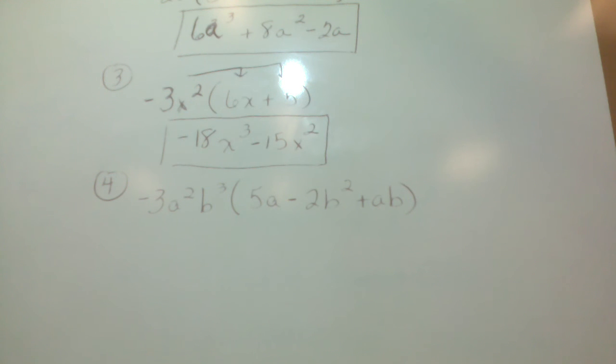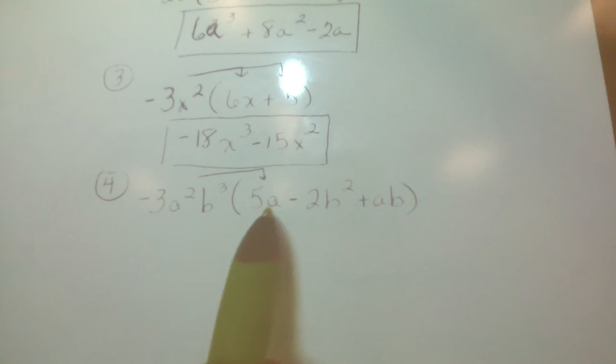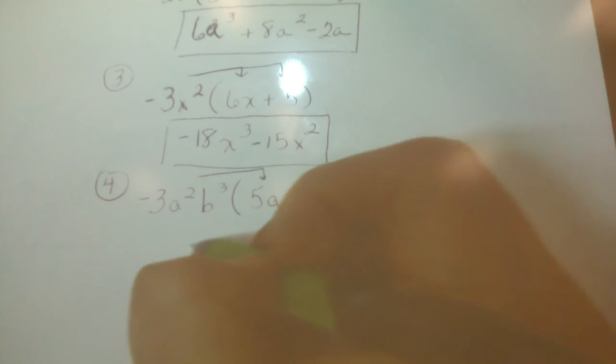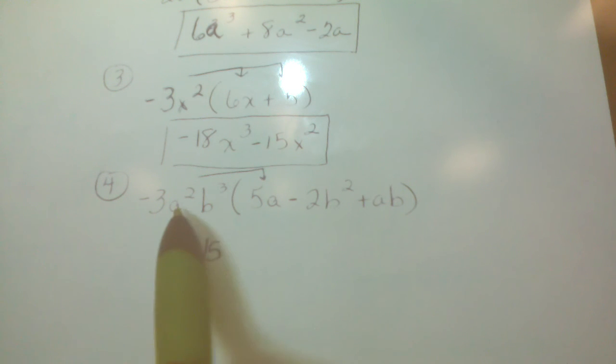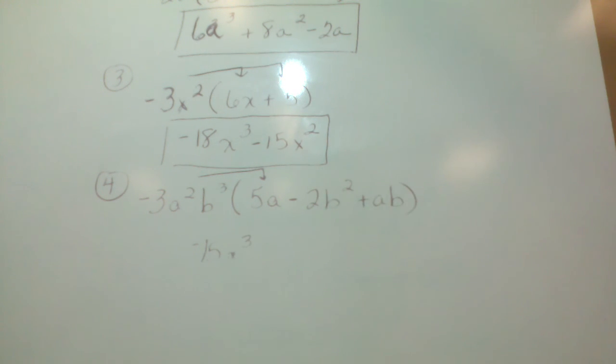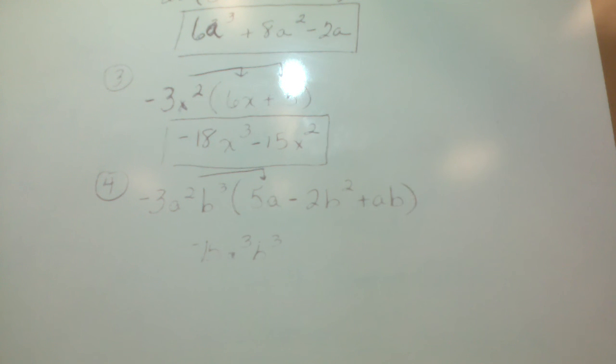Doesn't matter if there's 1, 2, 3. You have to remember the rule. When the bases are the same, add the exponents. Negative 3 times 5 is negative 15. I've got 2 a's here, 1 a here, so that's giving us 3. So that's a cubed. Now I don't have a b here, but I've got a b cubed. You still need to write that b cubed.